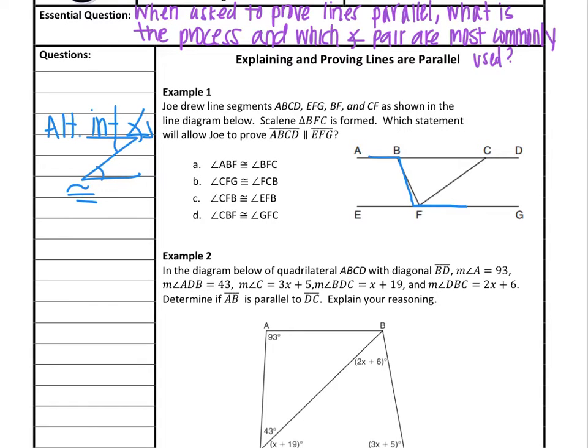So I just made a Z. It's a little awkward looking, but if I look at this, I have angle ABF and angle GFB. I see angle ABF in choice A, but BFC is not anything that I just highlighted or outlined. So A is gone. Angle CFG, FCB, those letters don't match.